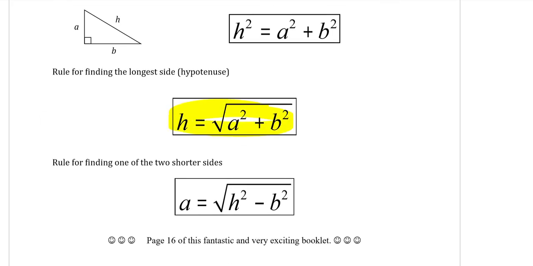This formula has been rearranged to get the h by itself, so you're just square rooting the other side. And the one underneath that, this formula is used if you want to find one of the shorter sides. Okay, so it's up to you. You may have a preference whether you like to use this one up the top here for everything, or this formula for finding the hypotenuse, this one for finding a shorter side.